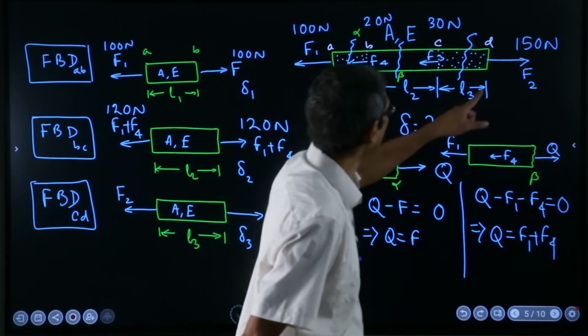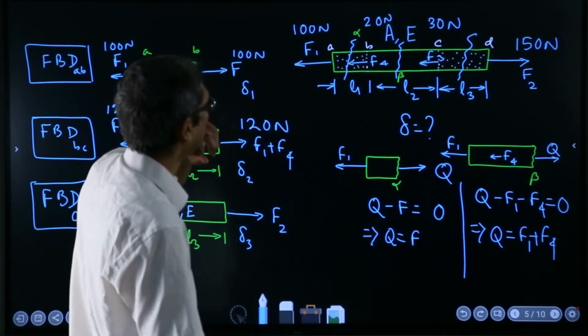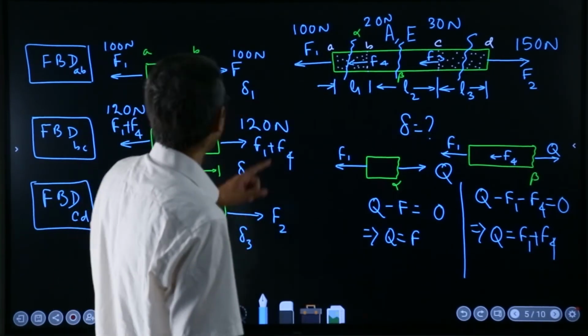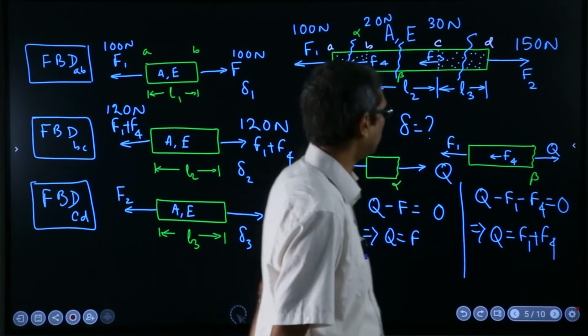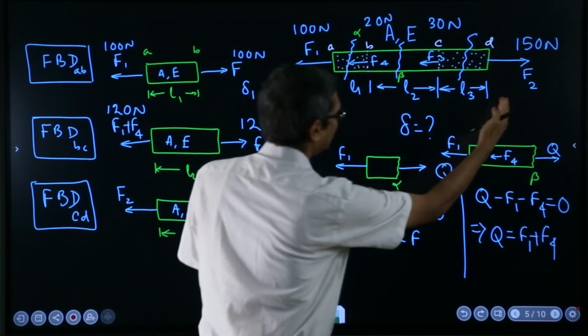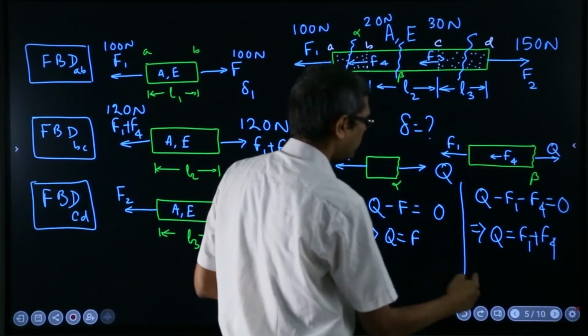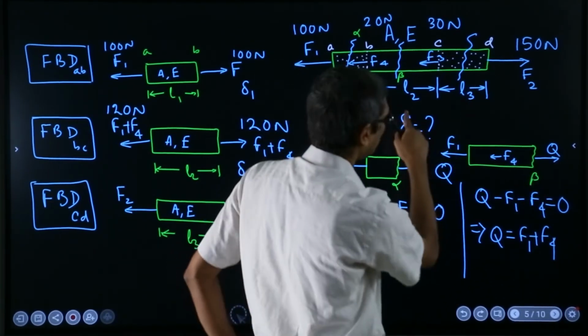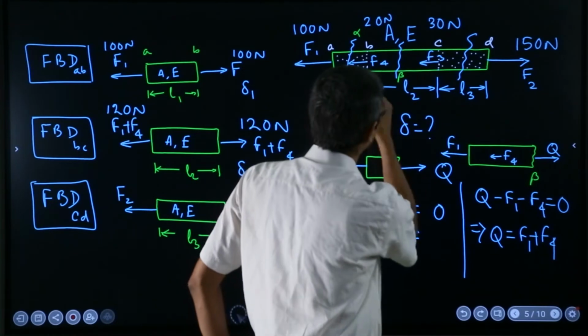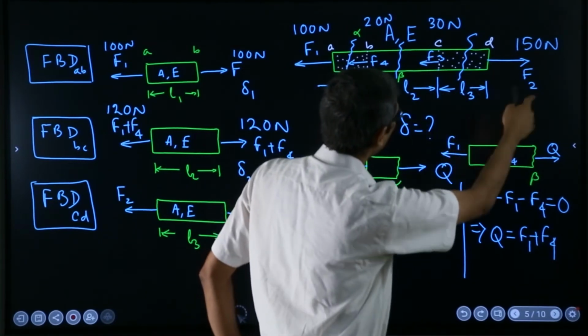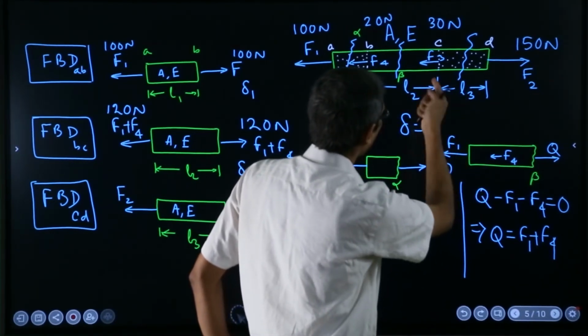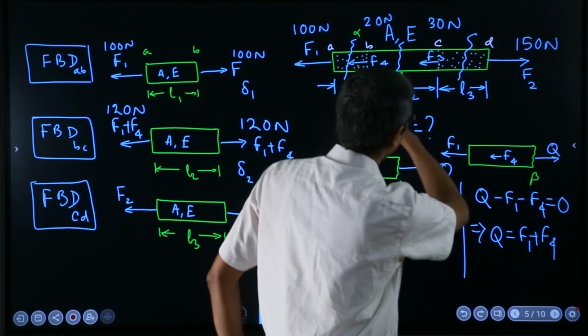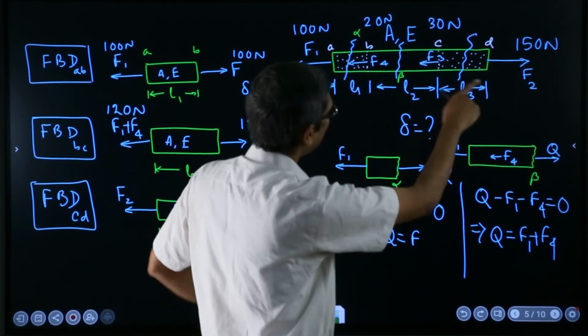I was telling that we could have done the other way around, right? If instead of this, we had written the FBD from the other side, what would we have got? Q in this direction would have been F3 minus F2, so that is 120 again.